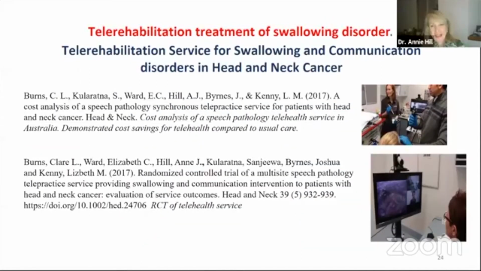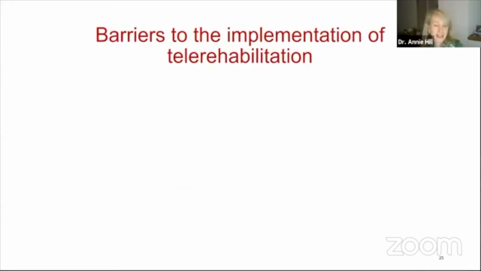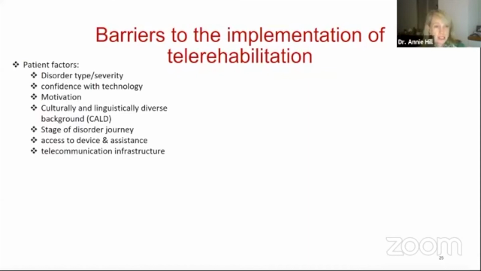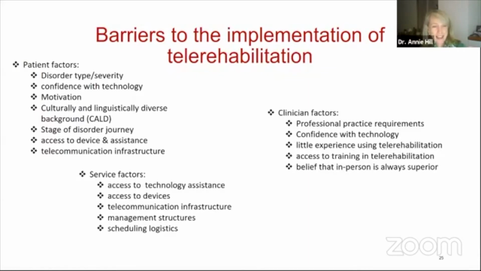Right, so now I want to get on to a little bit about things you might like to consider if you are going to embark upon a tele-rehabilitation service. So there's 3 areas that you need to consider, and they all interact. So of course, the patient factors. So the disorder type, confidence with technology, access to tech, motivation, all of these things are really important to think through.